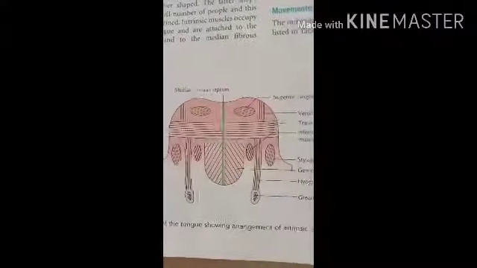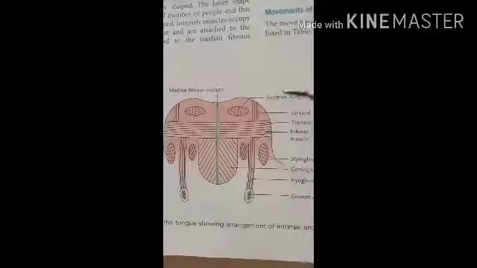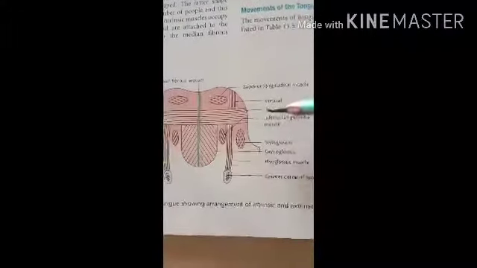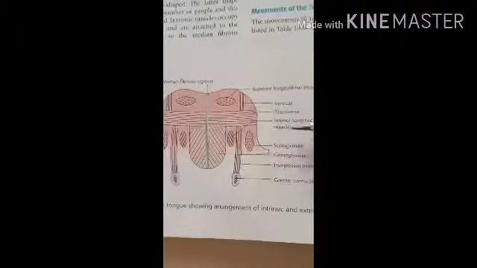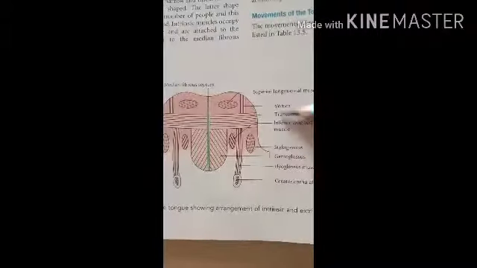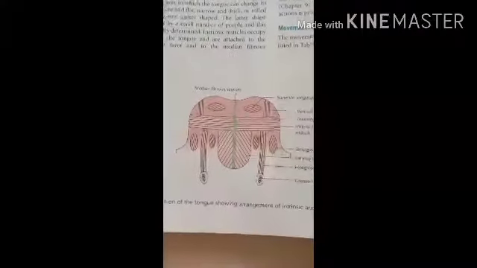The 4 intrinsic muscles are the superior longitudinal, inferior longitudinal, vertical and transverse.